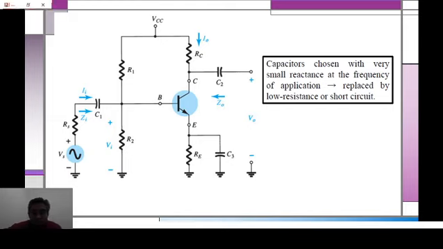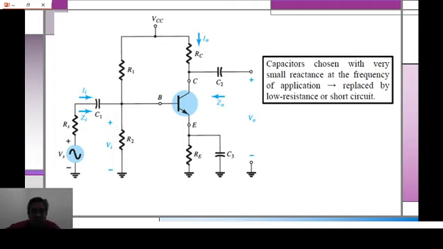Alright, you can see in this slide the type of this circuit. I am sure you all already know this type of BJT circuit. This is a voltage divider circuit. We will use this circuit to demonstrate and analyze AC analysis.